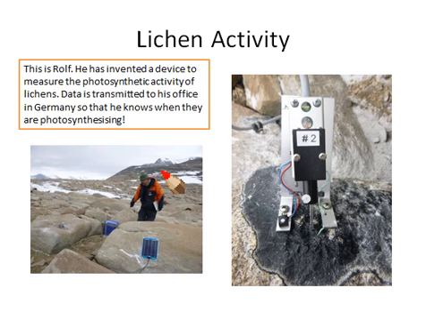So this is Rolf, a German scientist, and Rolf's invented this little device here, and basically what that will do is it will measure the photosynthetic activity of the lichen. So it's got a little sensor here, and that's going to sense electrons and the activity of these electrons when lichen is photosynthesizing.